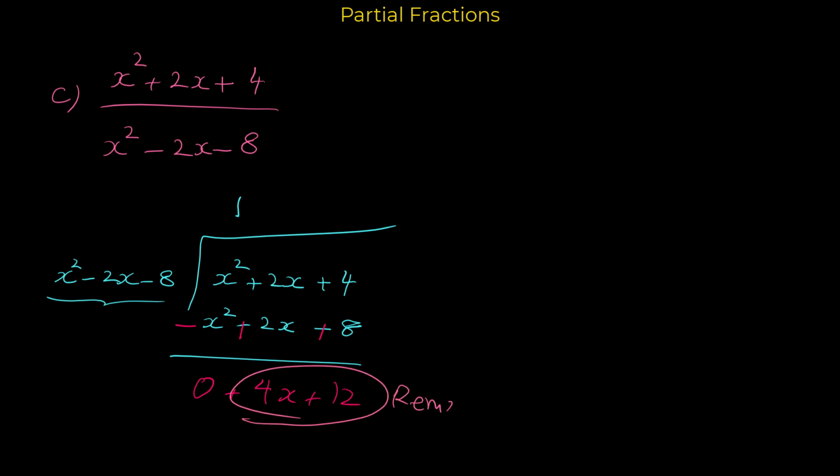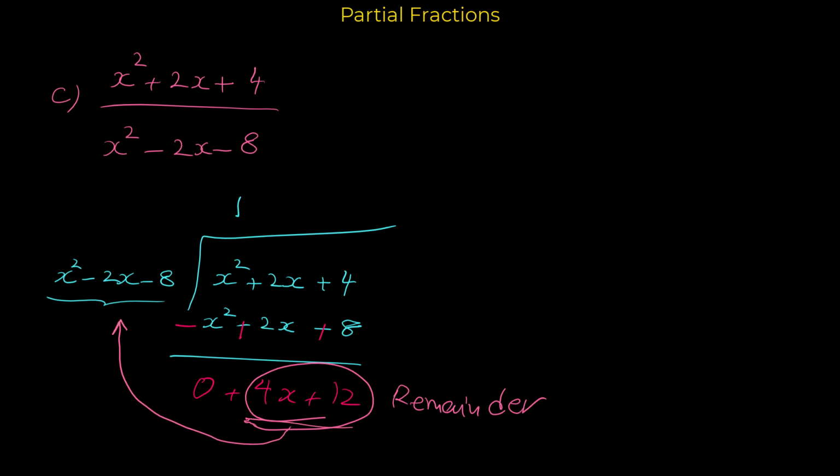This is our remainder that we have from the long division. And we do not continue the long division anymore because the degree of the remainder is less than the degree of the polynomial that we have here. The degree of the remainder is 1, but the degree of this is 2.